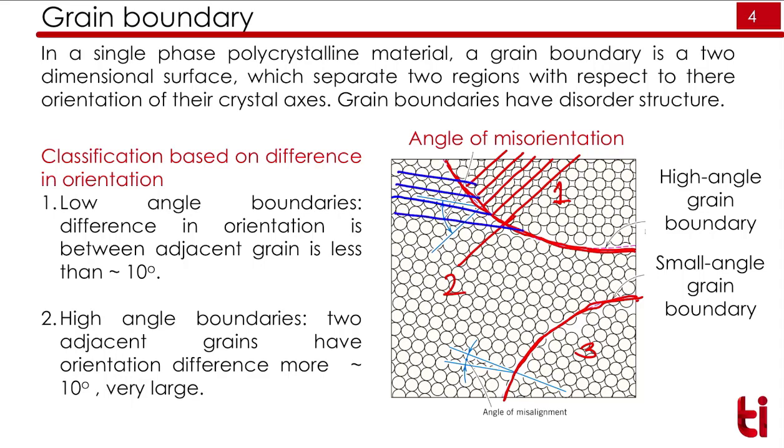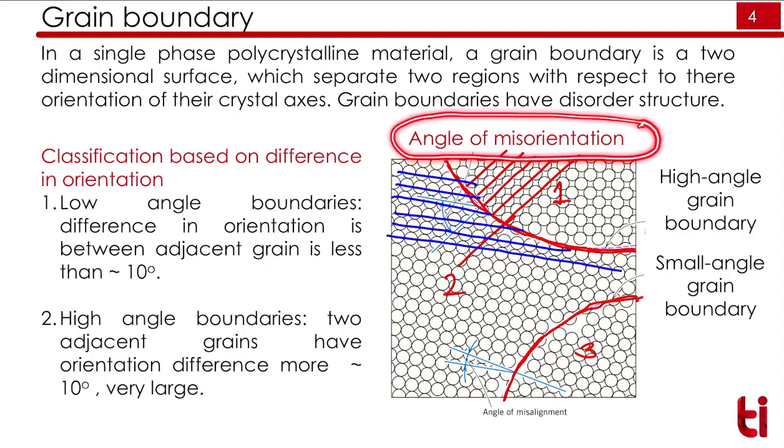So there is a finite mismatch between these two, or a finite angle between these two. That angle we call the angle of misorientation. There are two types of grain boundaries: one is called the low angle grain boundary and one is called the high angle grain boundary.